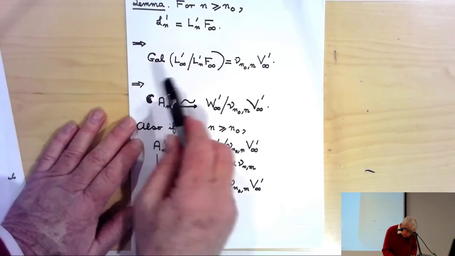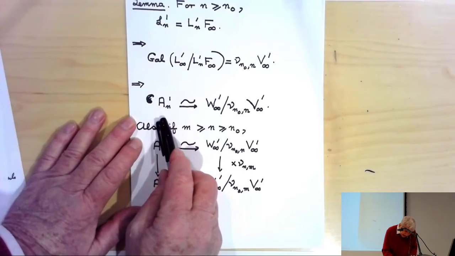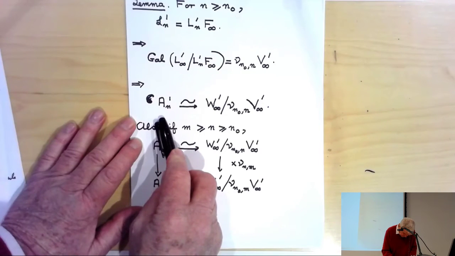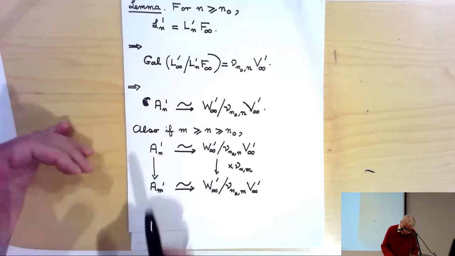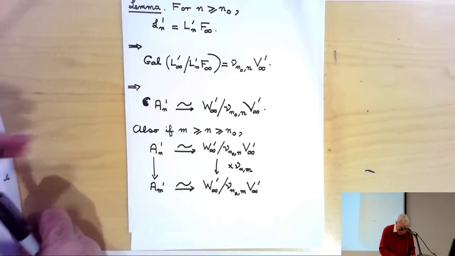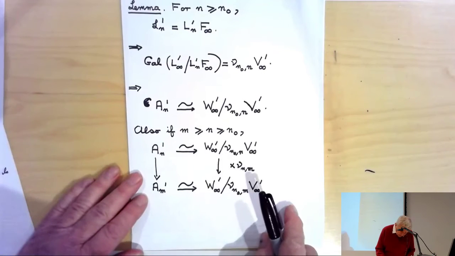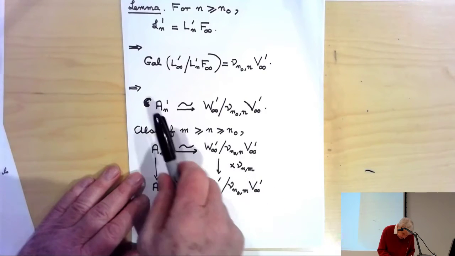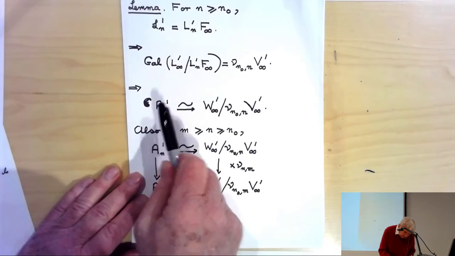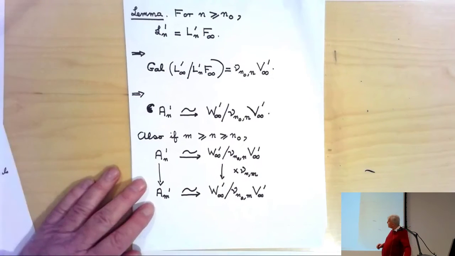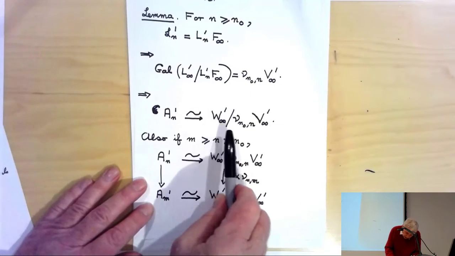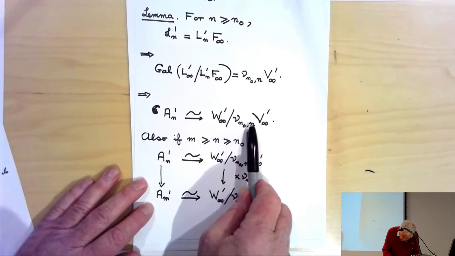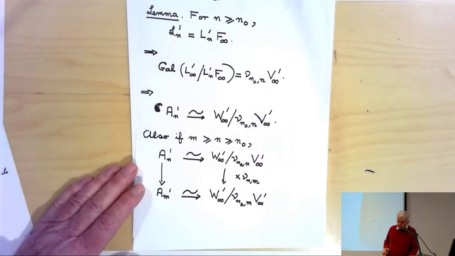But in any case, this will tell us that A_n prime, you see, it's certainly true then that A_n prime is W infinity prime, this quotient here, by mu_{n naught n} V infinity prime.